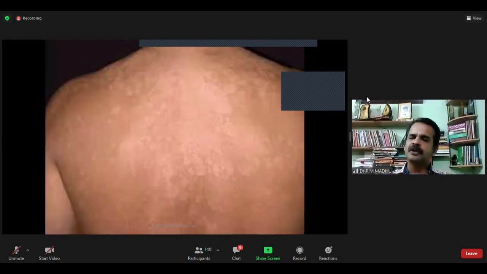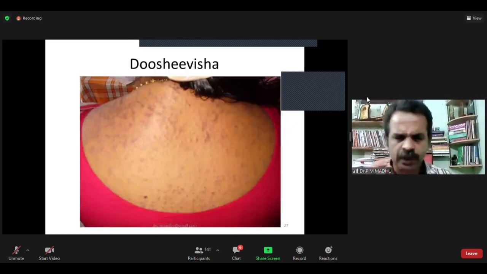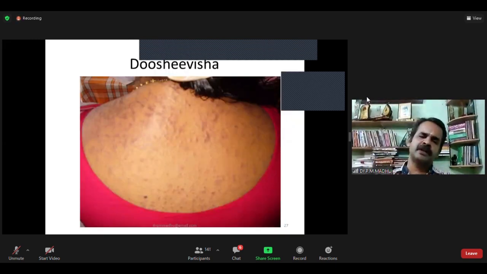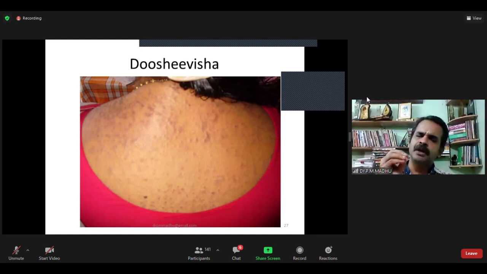Tinea versicolor also. In tinea versicolor also, the concept is very relevant. Internally, we have to give the treatment for krimi. The concept of dushi visha is very relevant, because some triggering factors can aggravate the dushi visha.